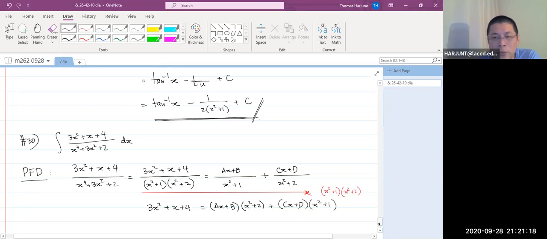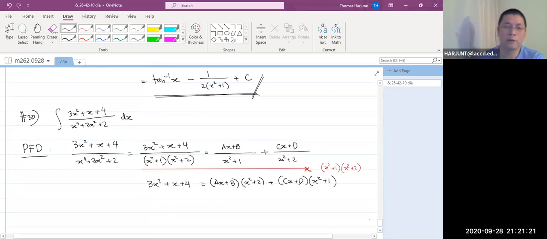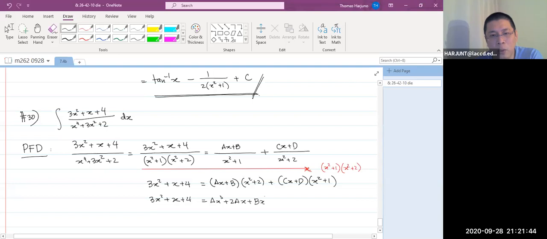Now, again, I told you before that when it comes to type number 3 and number 4, you may want to consider using the like terms method. So this is ax cubed plus 2ax plus bx squared plus 2b plus cx cubed plus cx plus dx squared plus d.